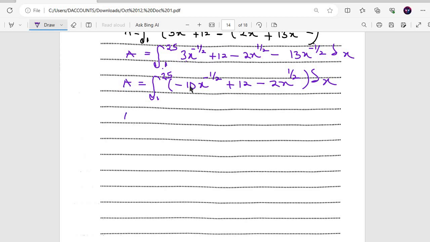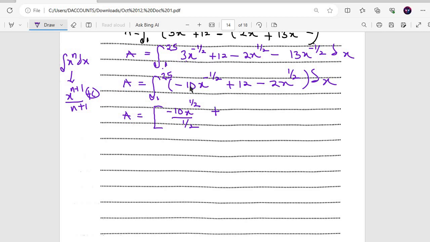So the area will be, now I'm integrating, I've taken away the integral sign, minus 10x to the power minus half plus 1, over half, formula for integration. Remember, to integrate x raised to the power n dx, it will be x raised to the power n plus 1 over n plus 1. So this is a definite integral, we don't need the arbitrary constant anyway.